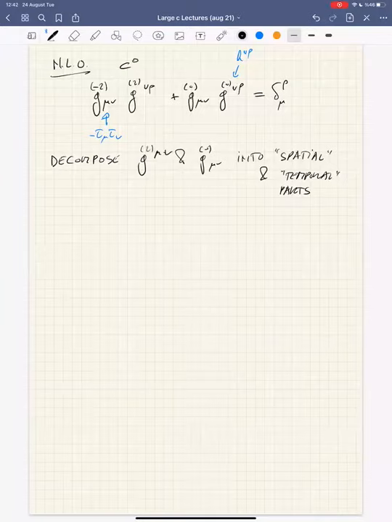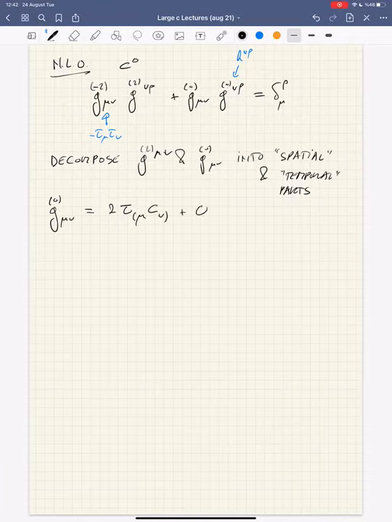Okay, so how does that work? Well, basically, we can write G mu nu, for example, as follows, and this is completely general. I can have a part which has a leg along tau, and then I will introduce another part. Let me call it Q mu nu, where I'm going to assume that Q mu nu is purely spatial, meaning that if I contract it with tau, it's 0.